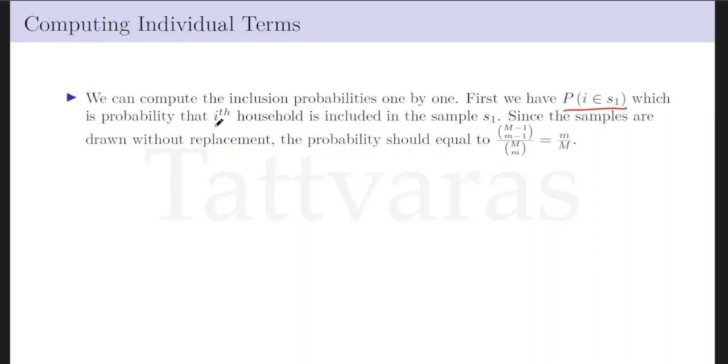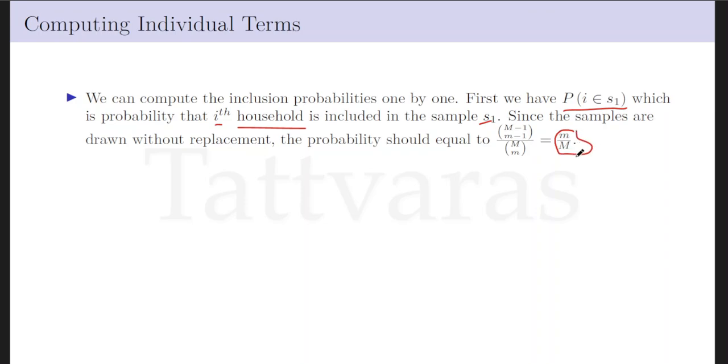Now that means we are actually including the ith household, and the rest of the small m minus 1 households are coming from capital M minus 1 households. So capital M minus 1 choose small m minus 1. This is the number of ways we can choose small m minus 1 households, with the ith household already fixed in the sample. Okay, so that actually simplifies to small m by capital M, and this is very common.